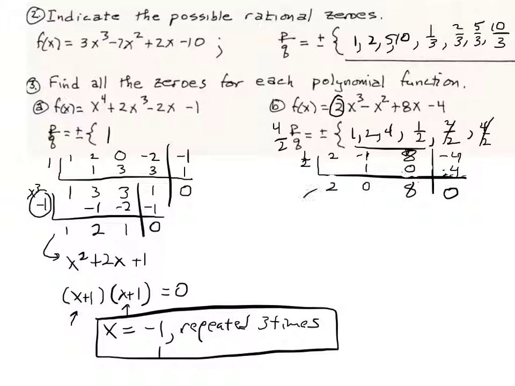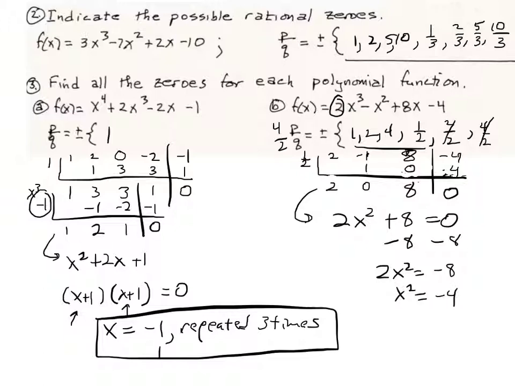So right now I know that this is in quadratic form. This is 2x squared plus 8 equals 0. So what I need to do now is solve this. If I subtract 8 from both sides, 2x squared equals negative 8, then x squared equals negative 4 because we divided both sides by 2.